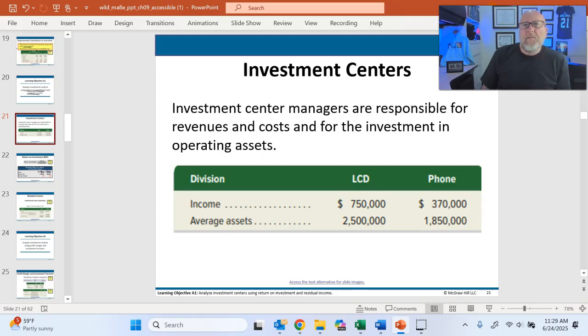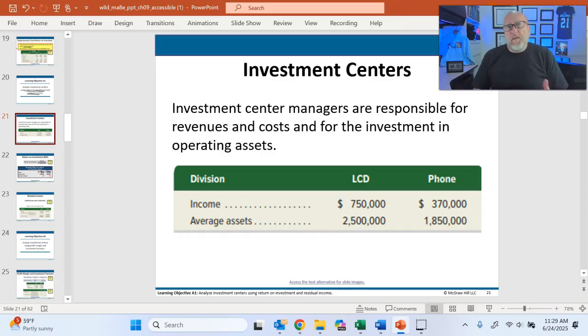Okay, so investment center managers are responsible for revenues and costs and for the investment of operating assets, meaning they're going to go out and acquire assets and put those assets into use, right? So if you're a hotel, maybe you're going to purchase new bedding, right?